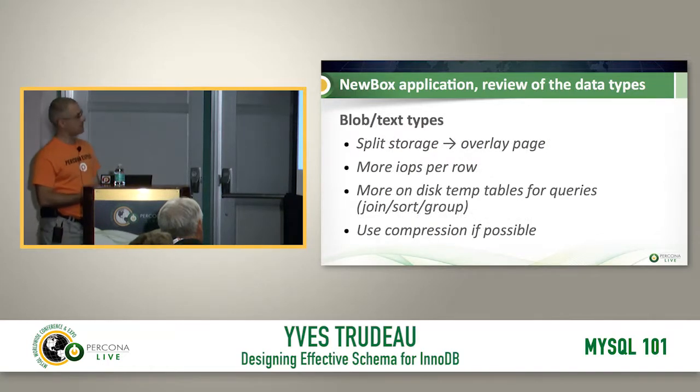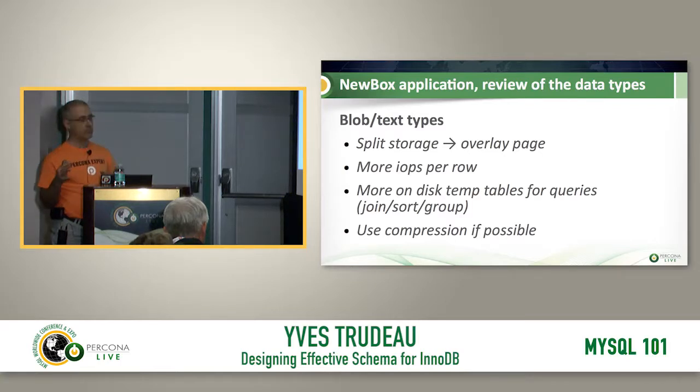Blob and text fields. The way it works in InnoDB, with a few exceptions, but in general, if the blob column is bigger than half a page, the remaining is stored in an overflow page, and only a prefix is kept.